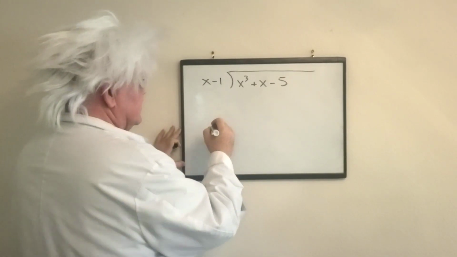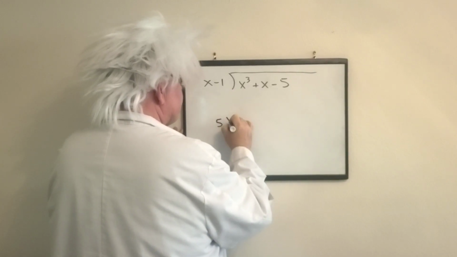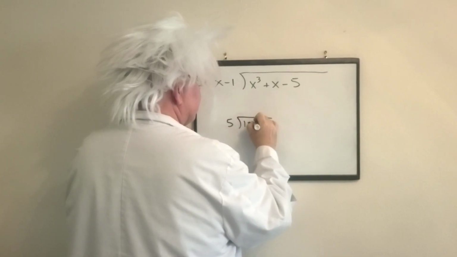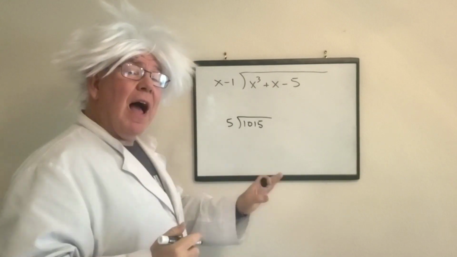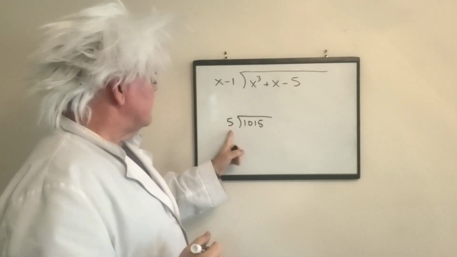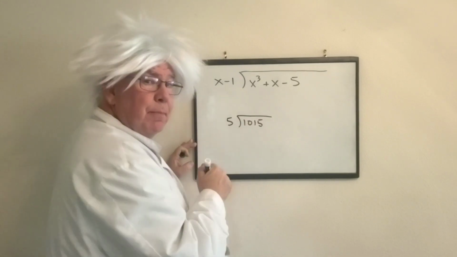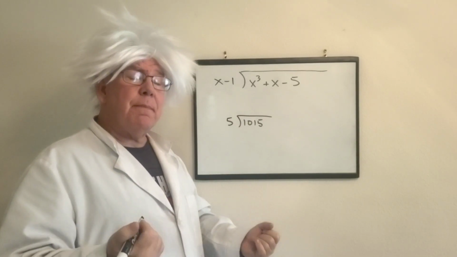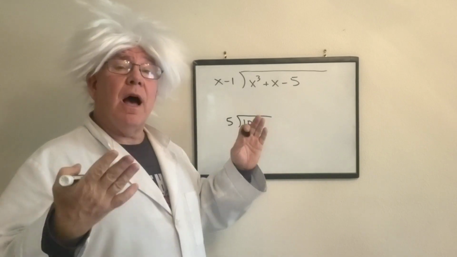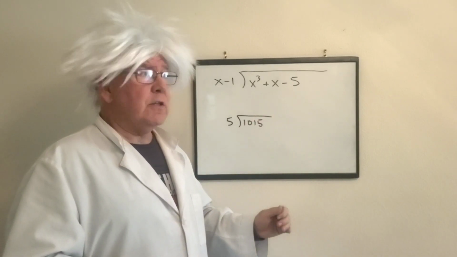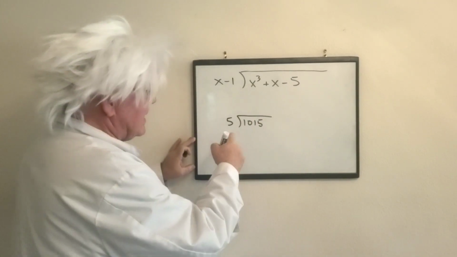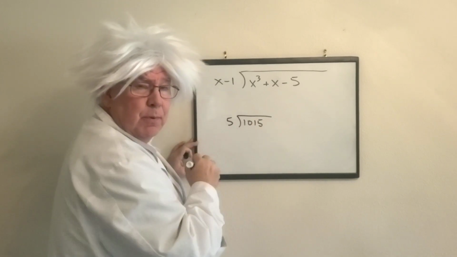Let's go back to this. If I'm going to take 5 and divide it into 10, 15, if I don't have that placeholder there, I'm not actually dividing by 1,015. I'm dividing by 115, correct? So I'll do something up here, but basically, you have to have that because it's a placeholder.